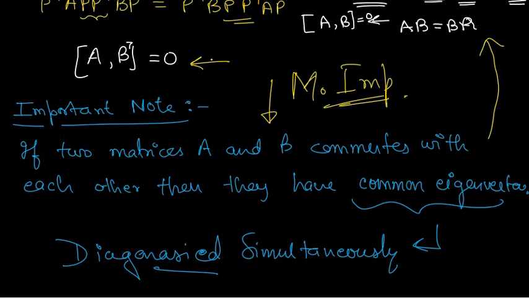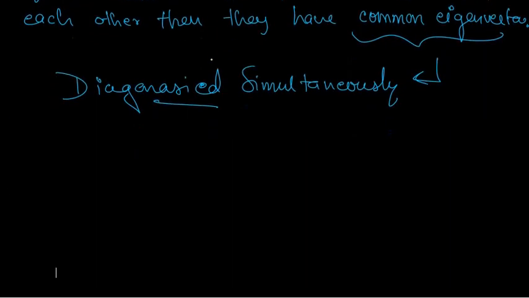So I formed just a reverse problem of this theorem. You will use this many times in quantum mechanics, wherever you will be dealing with matrices and linear vector spaces. Everywhere you have to be very clear about this theorem, that if two matrices A and B commute with each other, then they have a common eigenvector and they can be diagonalized simultaneously. Okay, so let's move further. So till now we have studied the diagonalization of a matrix.